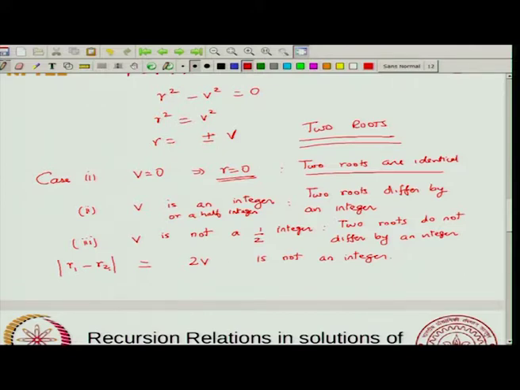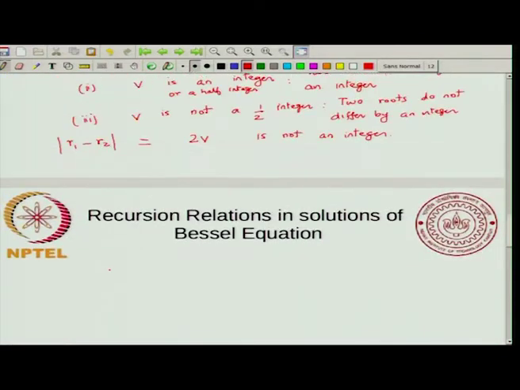So these are the three cases, and each of these leads to various kinds of solutions, and each of these cases has many physically relevant problems. Now one particular case which leads to a very well known function is the case of v equal to 0.